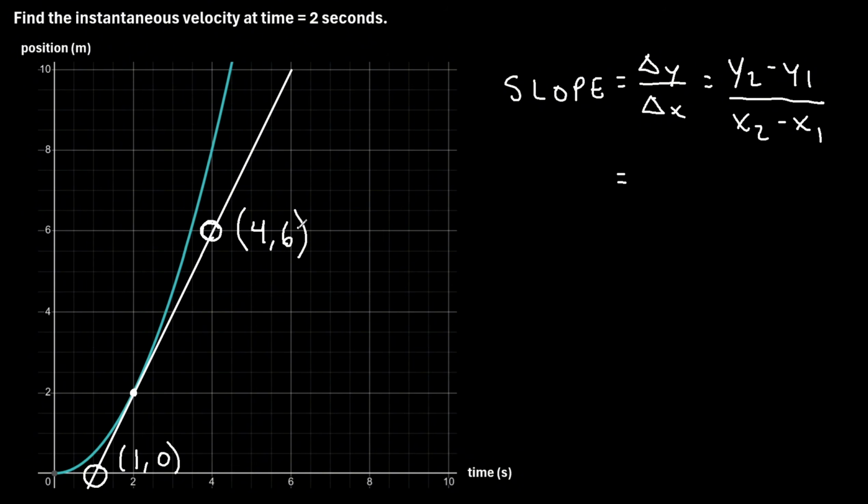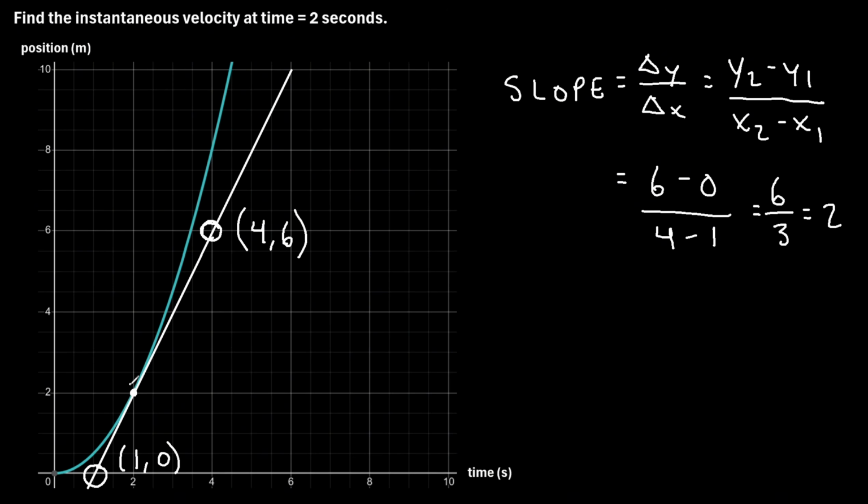Our second y value is the 6 right here, so we have 6 minus the first y value, which is 0, over the second x value, that's 4, minus the first x value, which is 1. So we end up with 6 minus 0 is 6, 4 minus 1 is 3, and 6 divided by 3 is equal to 2.